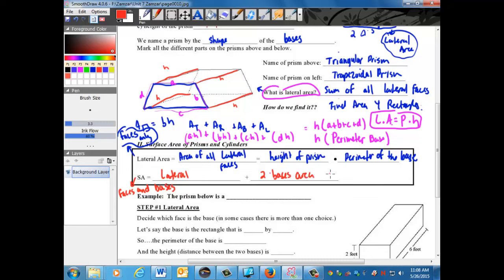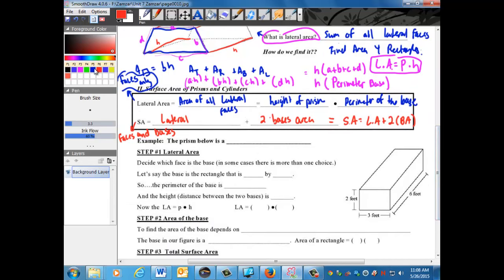And so that would be shown as surface area equals lateral area plus 2 times the area of our base. Alright, we're going to keep moving. The example, or the prism below, we look and we see all rectangles. So this is going to be called a rectangular prism.